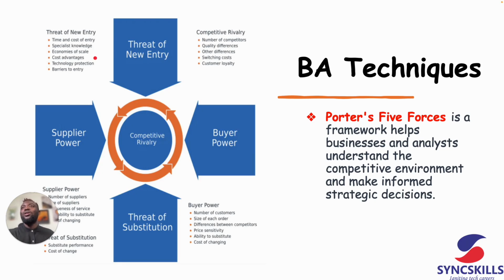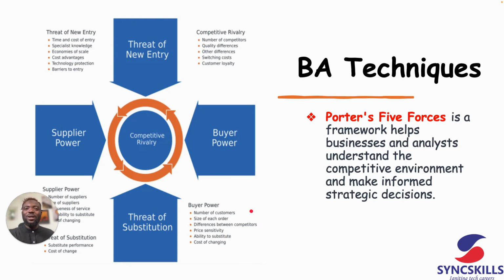Although there are a lot of supermarkets, Costco has the power to buy in bulk and sell cheaper. Do you have any cost advantages? If Costco is cheaper, then they will get more customers. What about technology protection? How are you running your business? Are you leveraging technology? What are the barriers to entry? Some of these factors you need to consider as you make your decision.